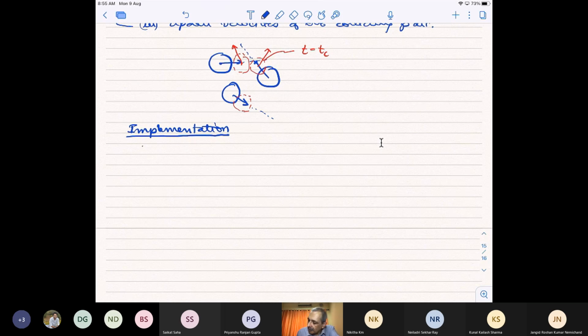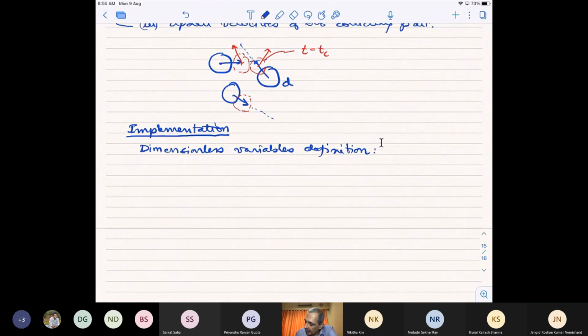So the first thing I'd like to do is make everything dimensionless. This is always a convenient thing to do. So let's suppose the particle diameter is d.